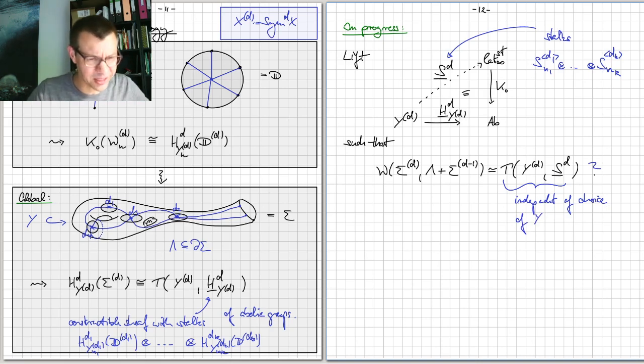In fact, it only depends on the surface together with these points where we have chosen this lambda, where we've chosen to terminate. And so therefore, what we hope is that this actually provides an intrinsic alternative definition of Fukaya categories.